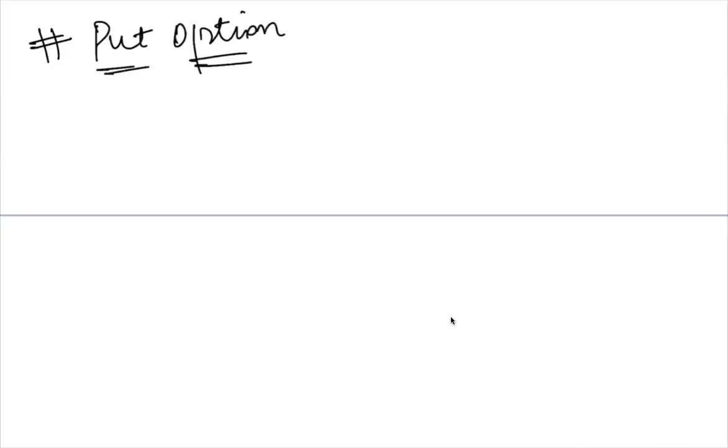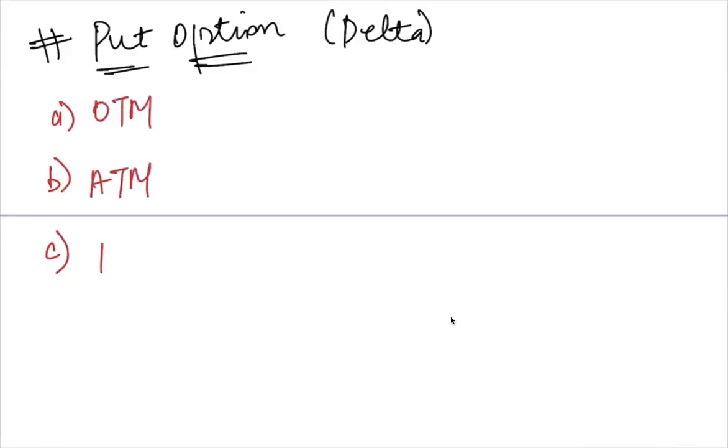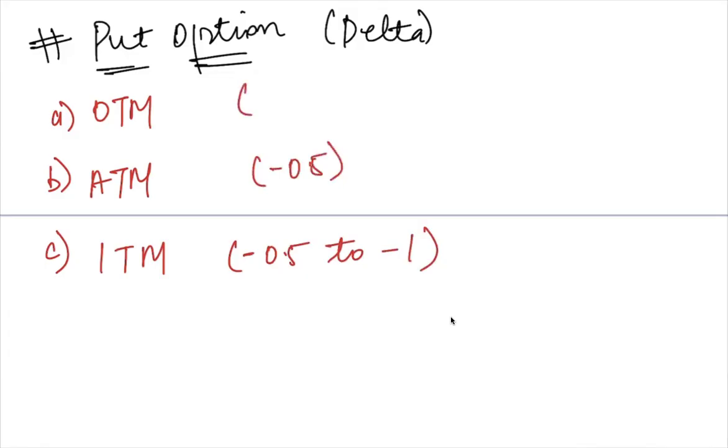Similarly, for delta for a put option, we again divide into in the money, at the money, and out of the money. For in the money, your delta is -0.5 to -1. At the money is -0.5, and out of the money is 0 to -0.5.